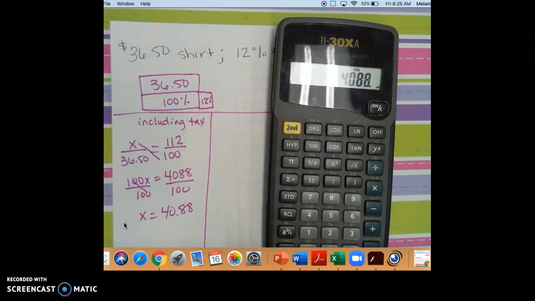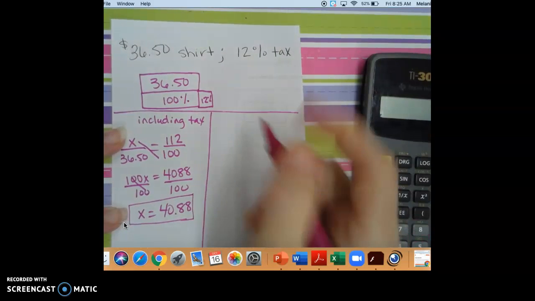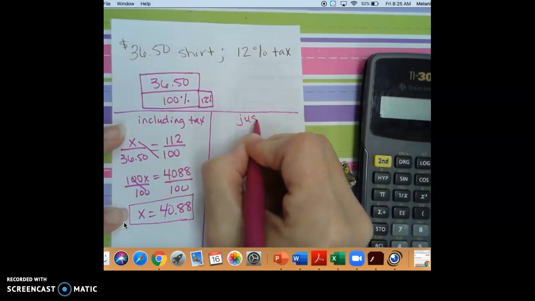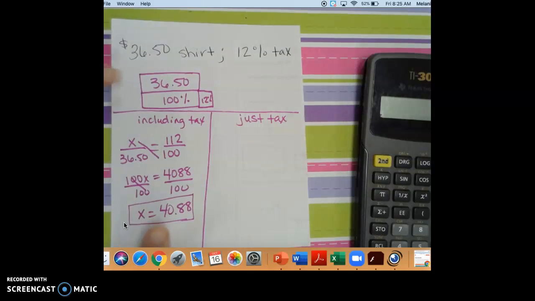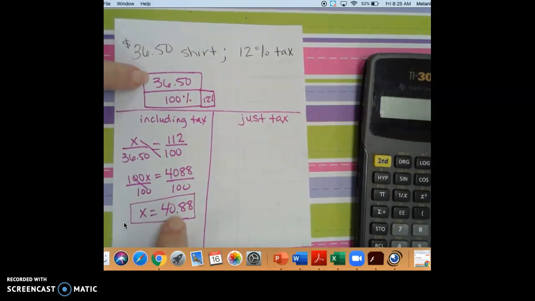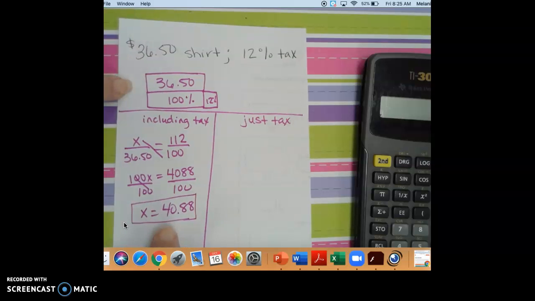So when I check out at the cash register, this is what the cashier is going to tell me I owe them, $40.88. Now if I had a question that asked me for just tax, I could subtract these two, and that would tell me just tax. But we're just trying to think of several different ways we can do this.